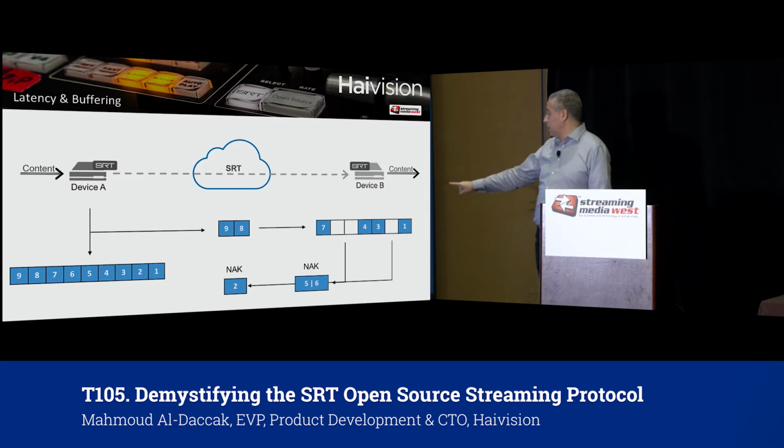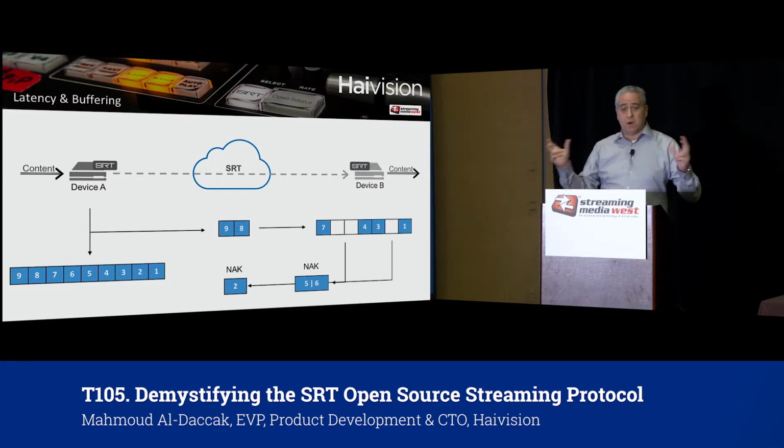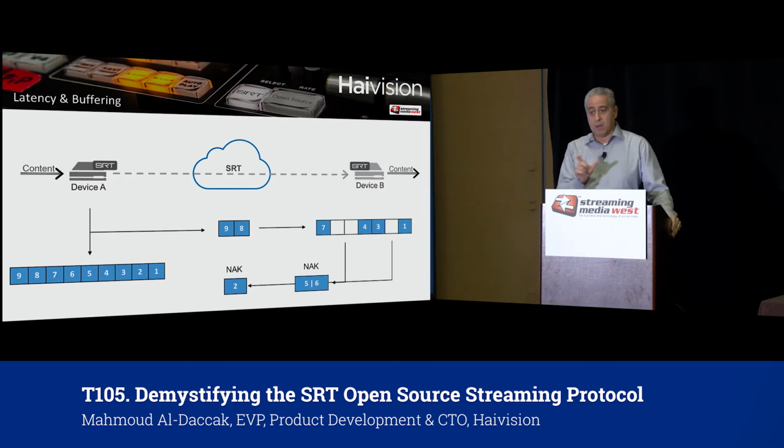The way we do the NAKs is also selective. So if there's a sequence of packets that was not received, we don't send a NAK for each one of them. We know that something wasn't received and it's for a series. So we try to be less chatty on that channel back, which is very important. We have a lot of adopters of SRT that are using it for audio only.